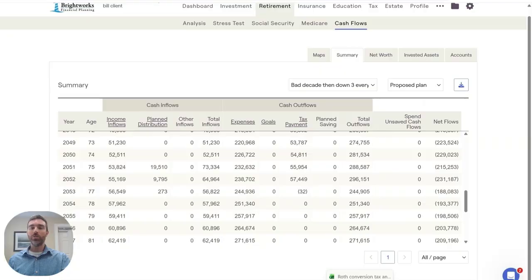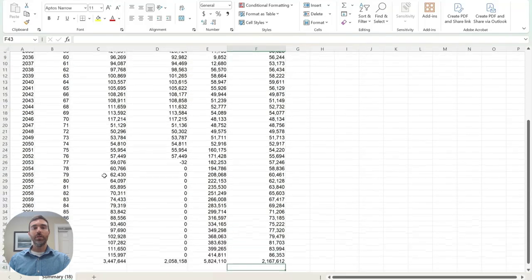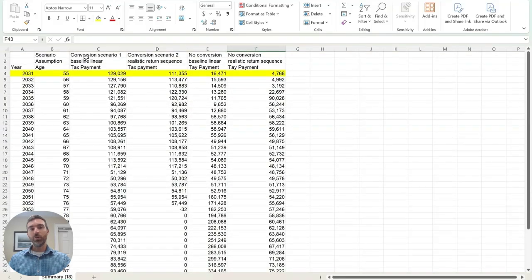And this is where I'm going to show you the Excel. So what I did was I just literally took those tax numbers and stacked them up from age 55 to 92. So I just went over with you what is conversion scenario 1 baseline, meaning we're going to do 32% tax bracket Roth conversions from 55 to 70, and notice we have our large tax bills for doing that.